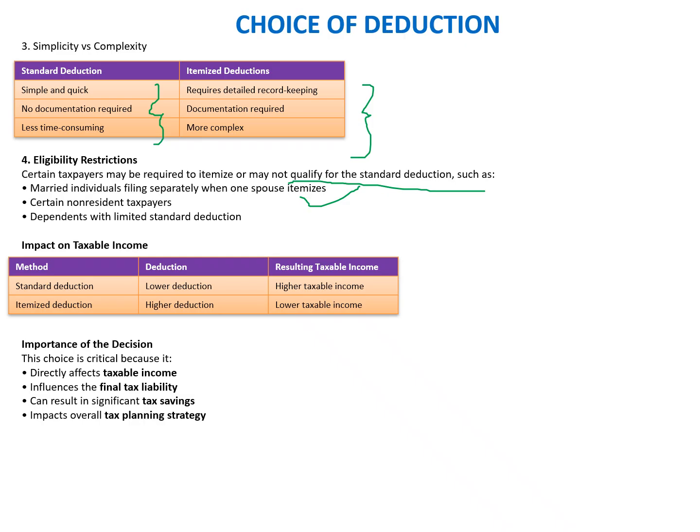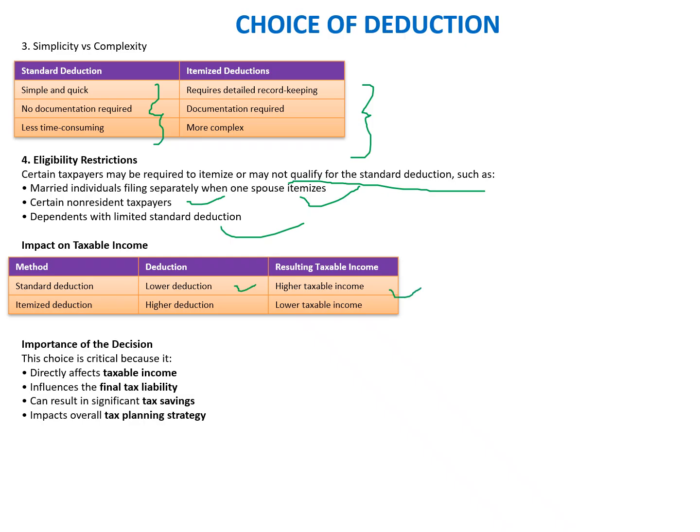Certain non-resident taxpayers cannot claim the standard deduction, and dependents have a limited standard deduction. So these are limitations to the standard deduction, whereby a dependent can claim the standard deduction which has a limit attached to it, and that deduction cannot exceed the limit. We already had this discussion when we were discussing the standard deduction. So the impact on taxable income: with the standard deduction, there is a lower deduction, which means higher taxable income.